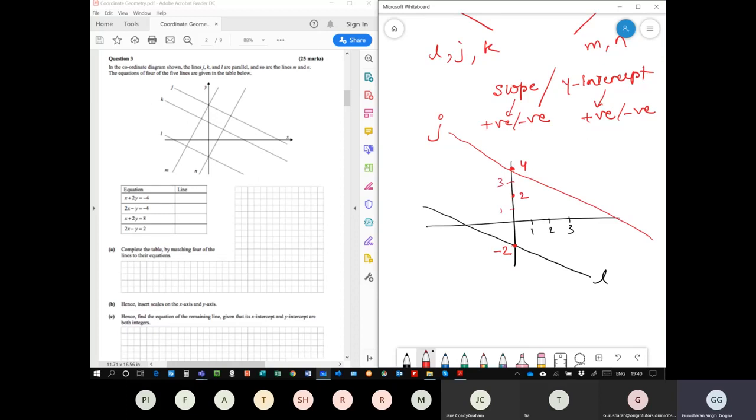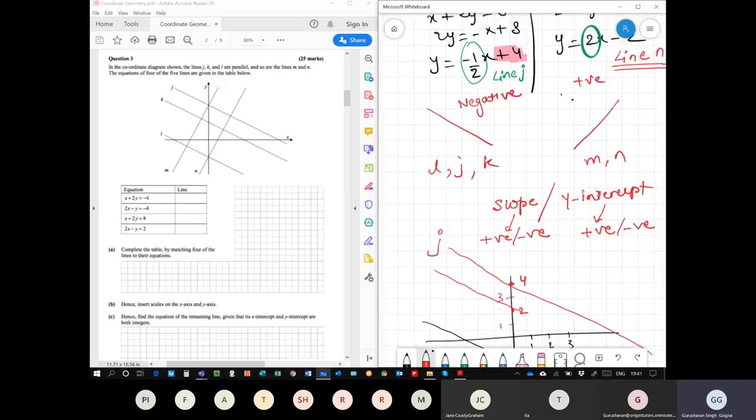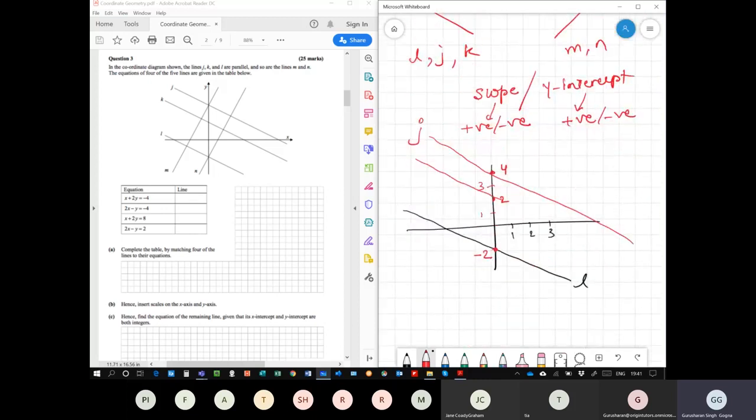And similarly, you can draw the other lines as well. So let's say line K is passing through 2, but you don't know where else it is passing through. So if you go back, line J has -1/2 slope. Okay, so it doesn't matter, you just have to write down the scale here.